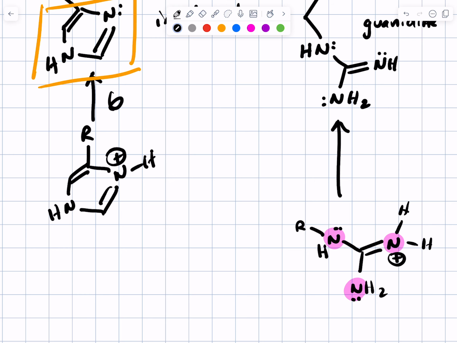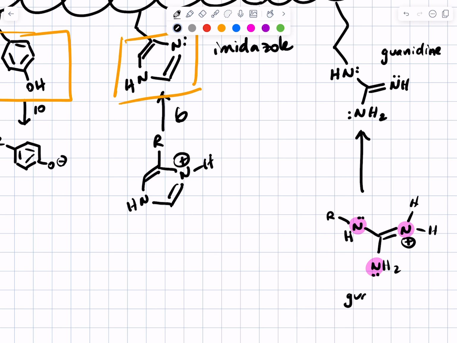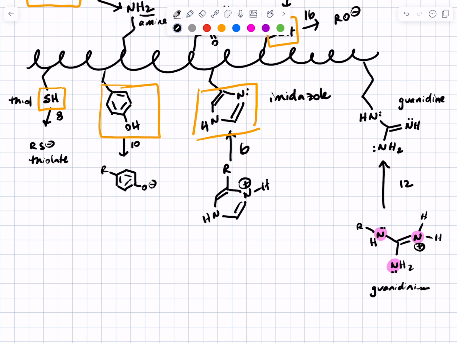The pKa for that positively charged functional group, it's called guanidinium, is around 12. So you would conclude at physiological pH that this should be positively charged. I've seen a student make a mistake before where they thought that that was 3 different nitrogens, and so they thought the thing had a +3 charge, and it's not. It's one functional group that can pick up one proton to have a pKa of 12.